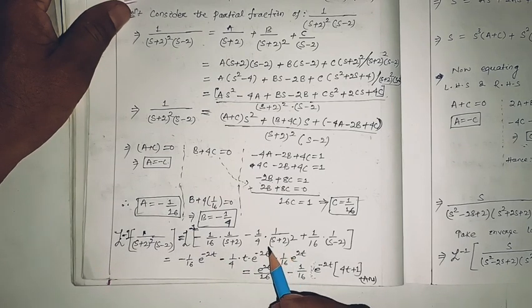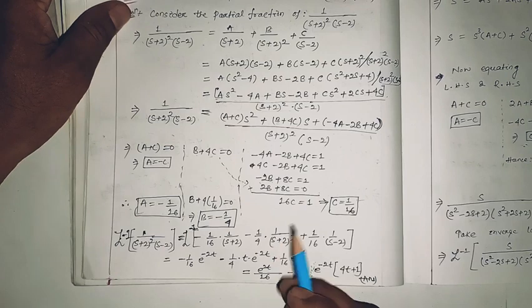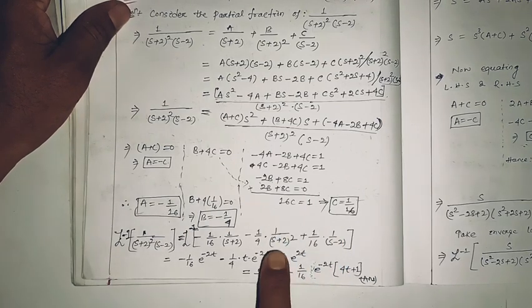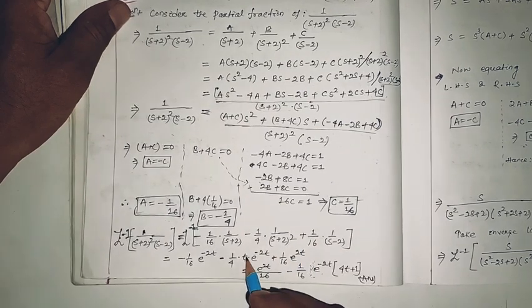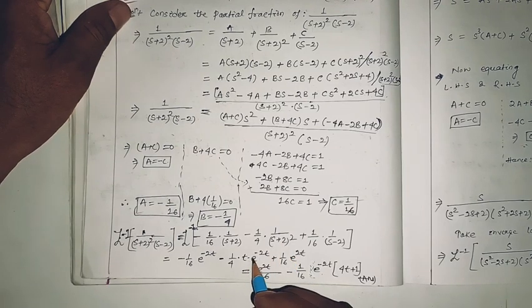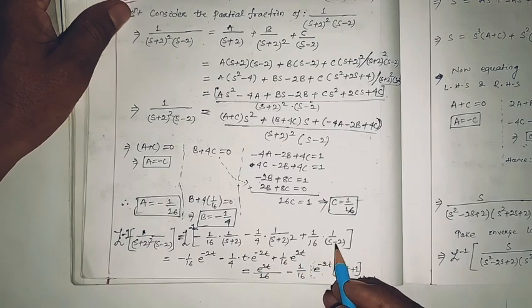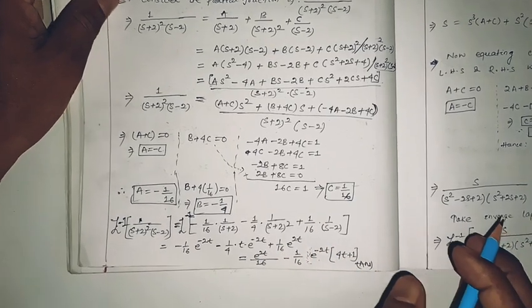Here you can see 1 by s square: the inverse Laplace transform of 1 by s square will be t, but here s plus 2, that means s minus of minus 2, so e to the minus 2t will be multiplied, t into e to the minus 2t.